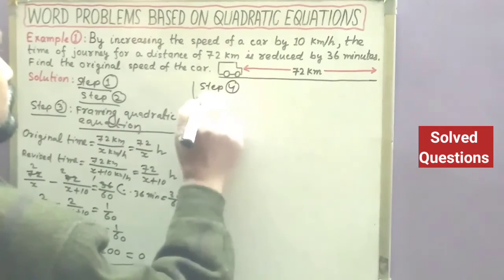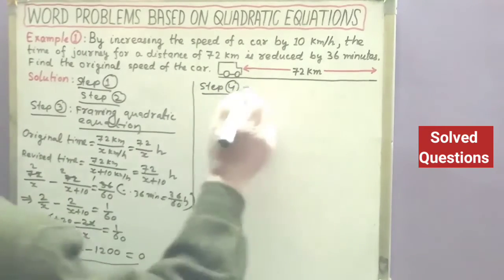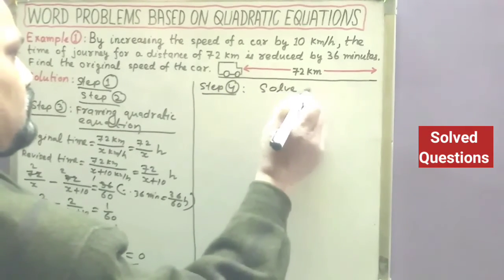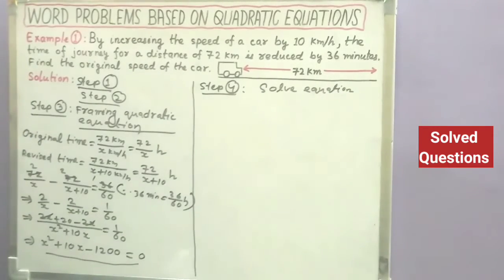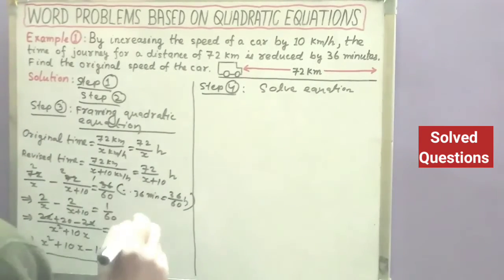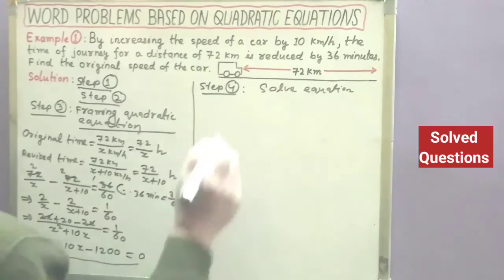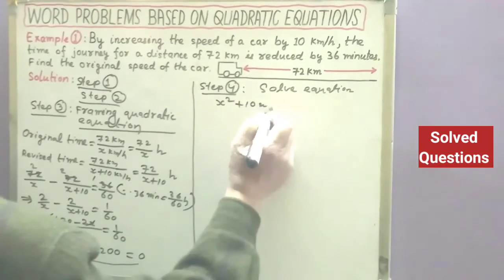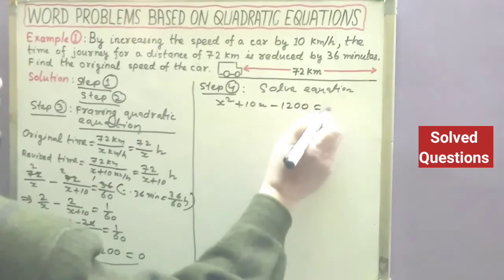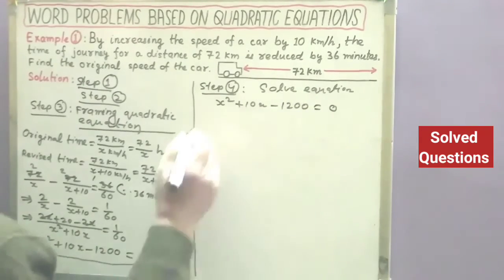Step 4. Solve the framed equation by any method convenient to you to find the unknown value, that is the value of x. Here, using the factorization method, we solve the equation. The framed equation is x square plus 10x minus 1200 equals 0.